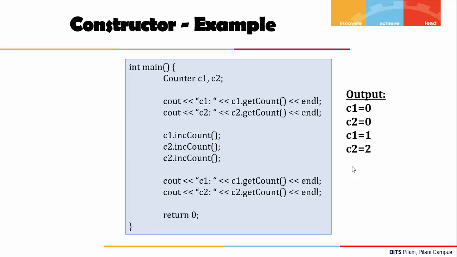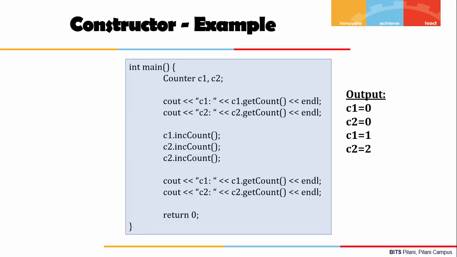As you can see, the constructor is executed twice in total, once for C1 and once for C2. So when the statement Counter C1, C2 is executed in main, it's executed once for C1 and once for C2 separately when we initialize.